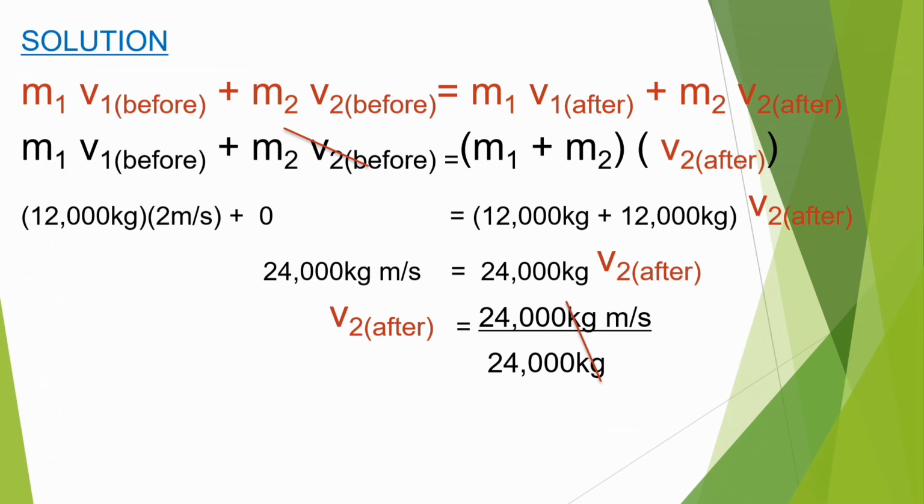So putting v sub 2 at the left side of the equation, we'll have 24,000 kilogram meters per second divided by 24,000 kilograms, and we cancel kilograms. So we have a final answer of v sub 2 after collision, which is equal to 1 meter per second. Again, this v sub 2 is the velocity of the two railroad cars that are stuck together after collision.